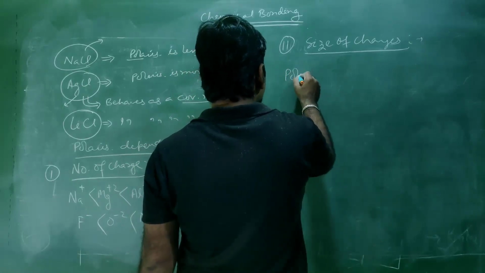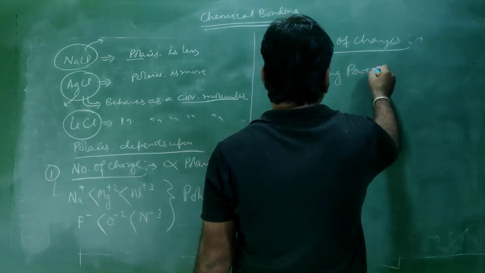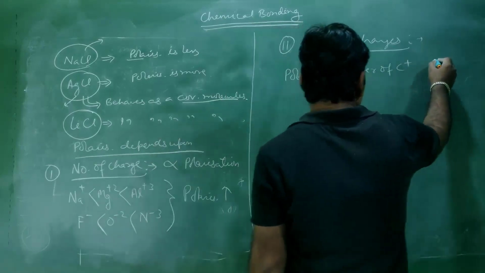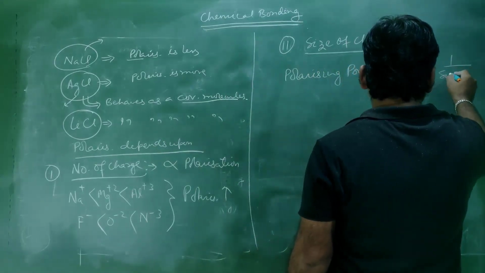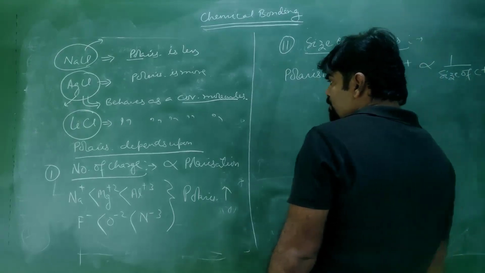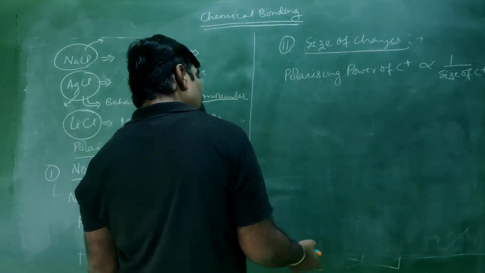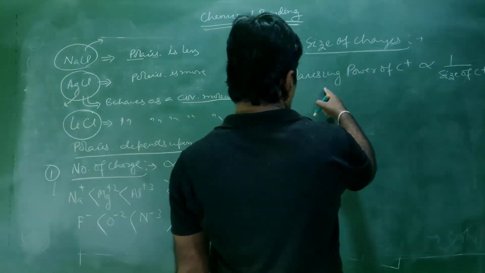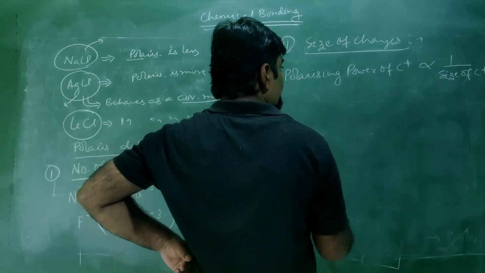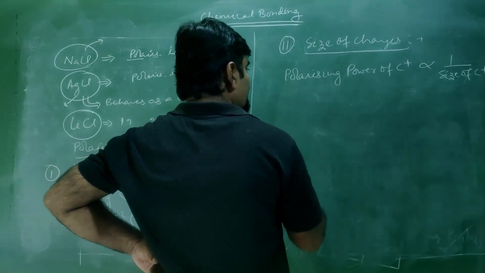The polarizing power of a cation is inversely proportional to the size of the cation. Smaller cation, greater polarizing power. Bigger cation, lesser polarizing power. As the size of the cation increases, polarizing power decreases.